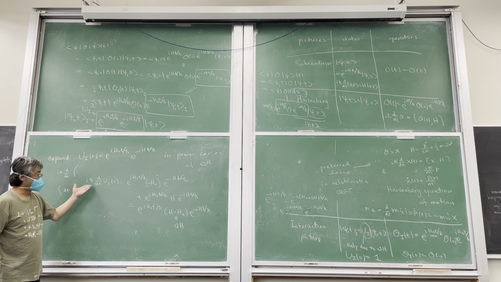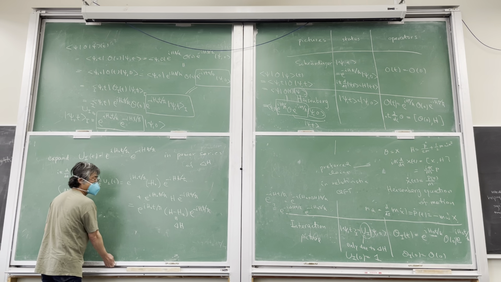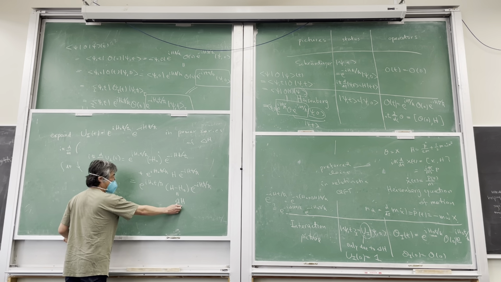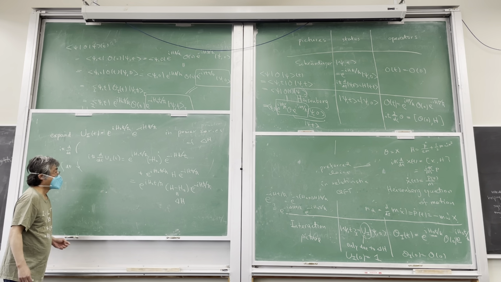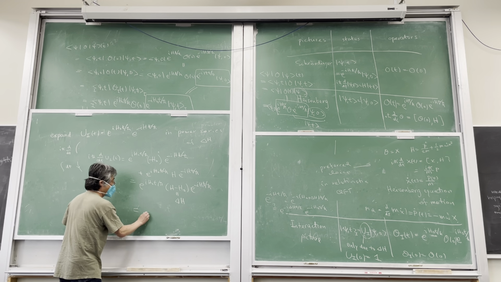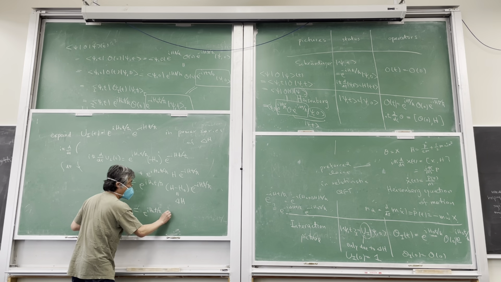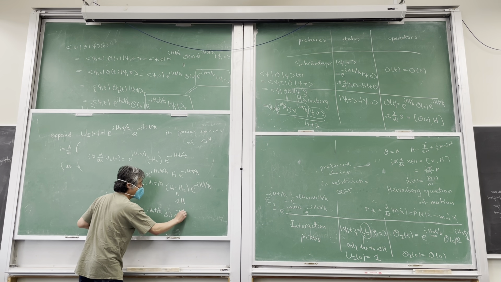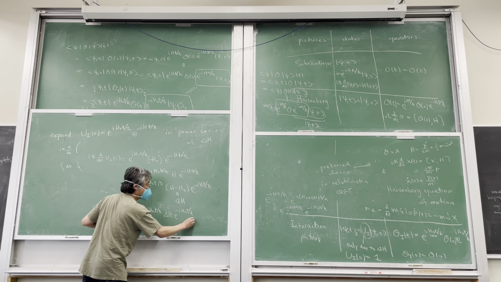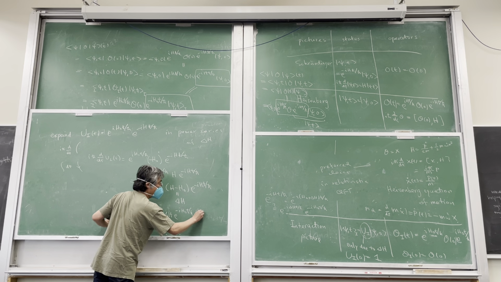So what you see is that already you have some power series expansion in delta H going on. And to be able to work it out, we further rewrite it in the following way.